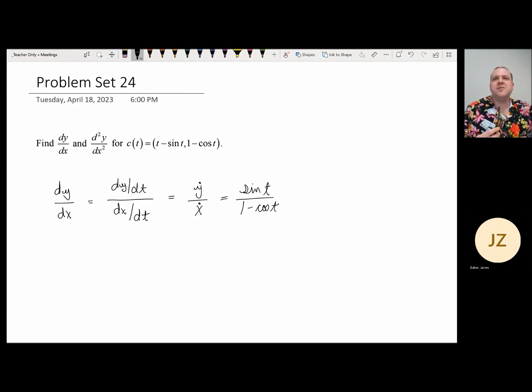Let me think of an example of that. Let me think of a point. That'll work. 0, 0 corresponds to what value of t?